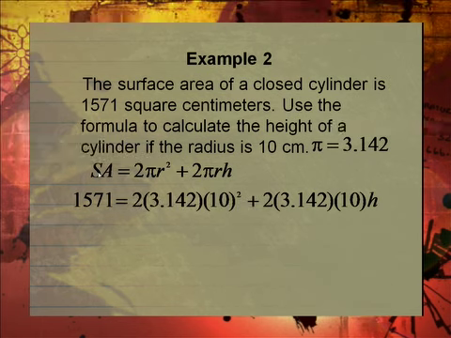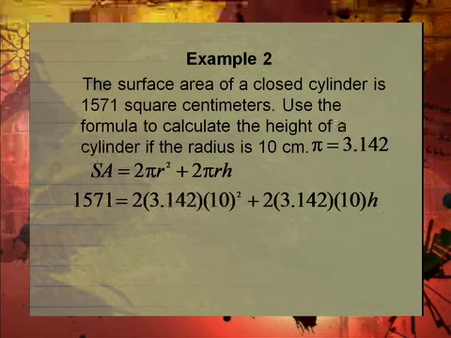Now, you'll understand that SA, surface area, is 1571. Pi gets 3.142, R gets 10, plus 2, pi gets 3.142, as I said, R gets 10.